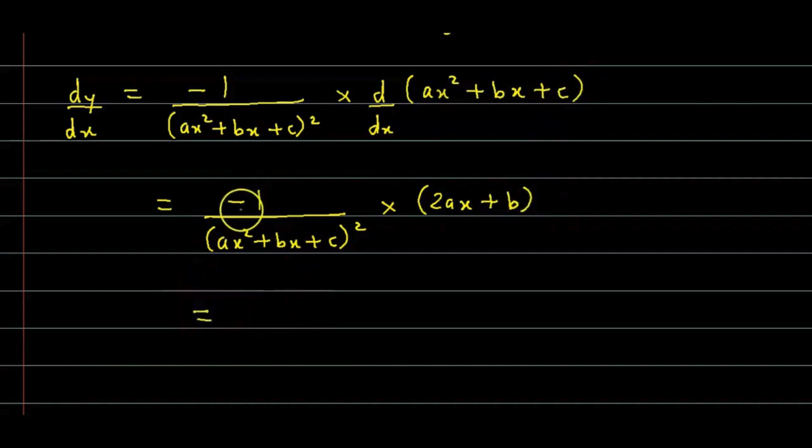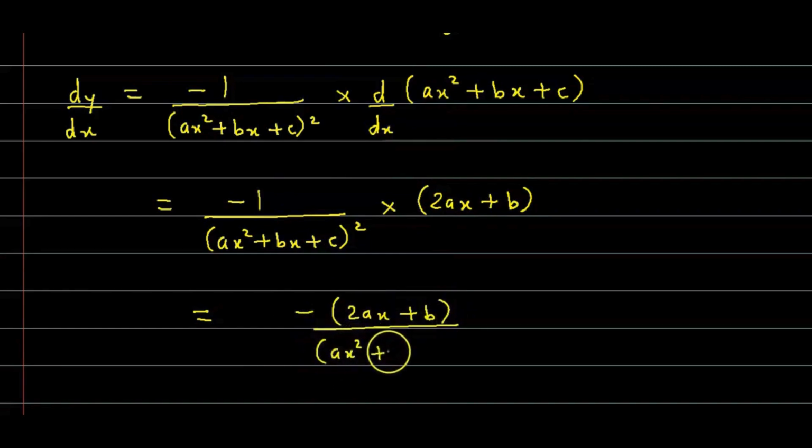So finally, if we multiply, we get minus 2ax plus b divided by ax square plus bx plus c the whole square. So this is dy by dx.